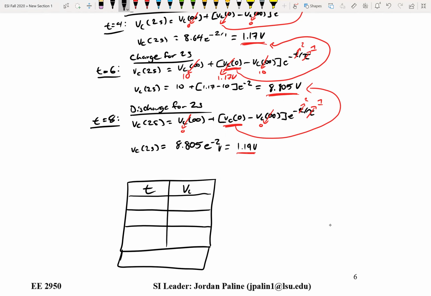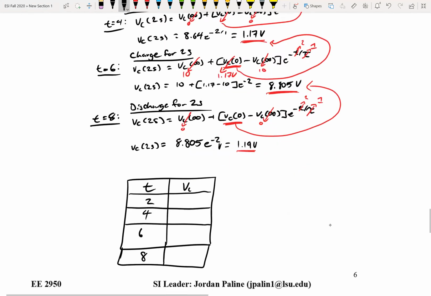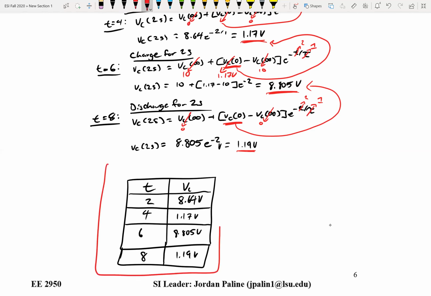So if we do 2, 4, 6, and then 8, I know it's very nice looking. This is going to be 8.64 volts. This is going to be 1.17 volts, 8.805 volts, and then 1.19 volts. And this will be your final answer. All right. So, just charging and discharging, just flipping back and forth.